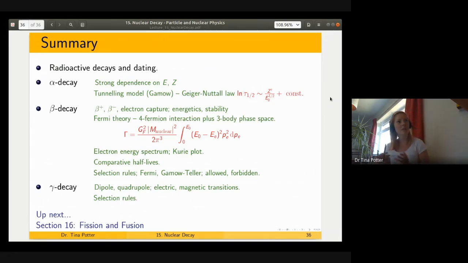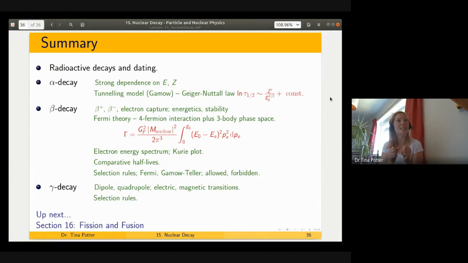And do remember, as we said in the beginning, that nuclear physics is very complex because it's a many body problem, and we need to use a semi-empirical approach. So we're really looking at the data and seeing how we can try and understand that with the physics that we know. So for alpha decay, for example, we treated this as a simple tunneling problem.